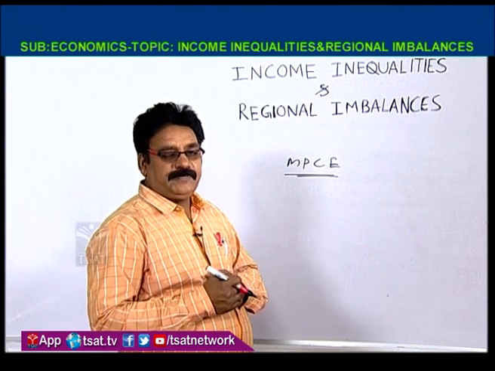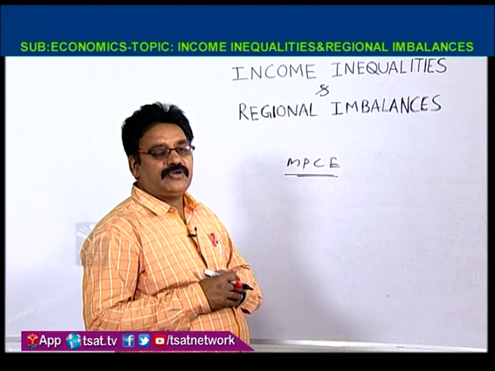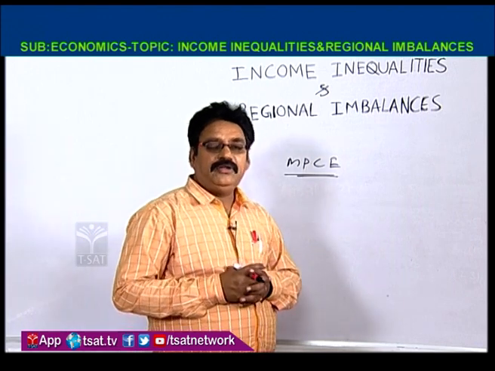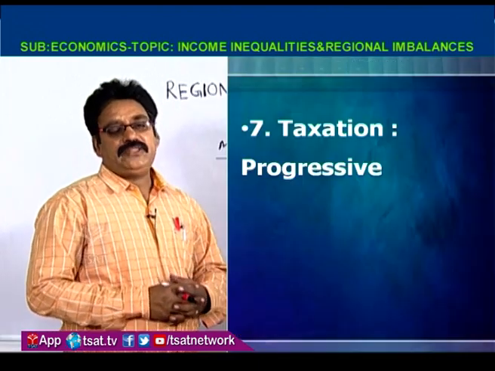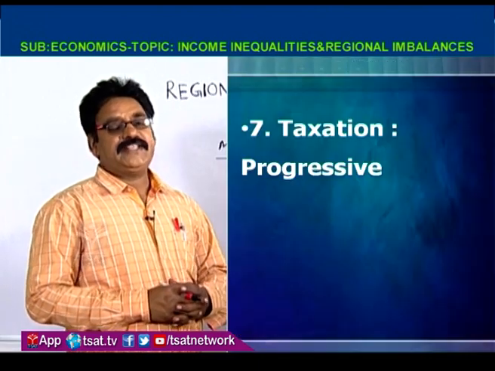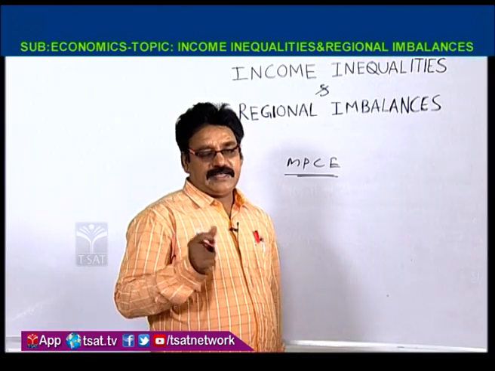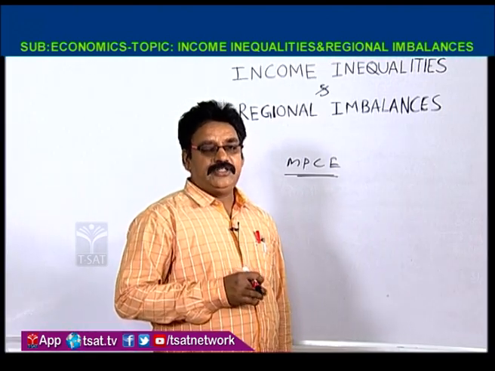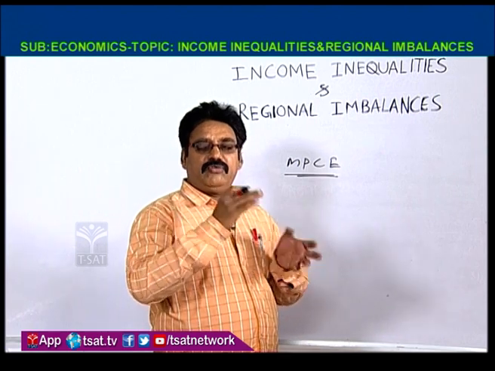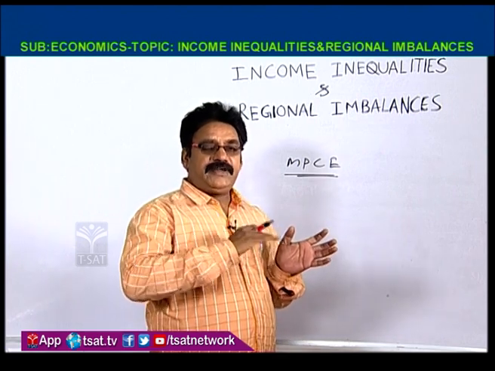By conducting work programs for needy people, supplementary employment opportunities can be provided. And the seventh one, that is taxation, progressiveness in the taxation. For example, income tax is the best example of progressive taxation. The persons who are earning more and more income, the slab rates are increasing.